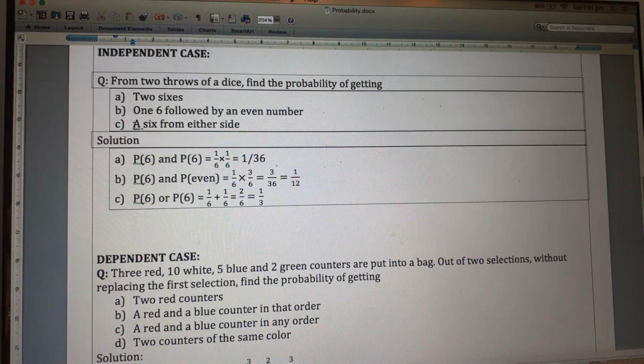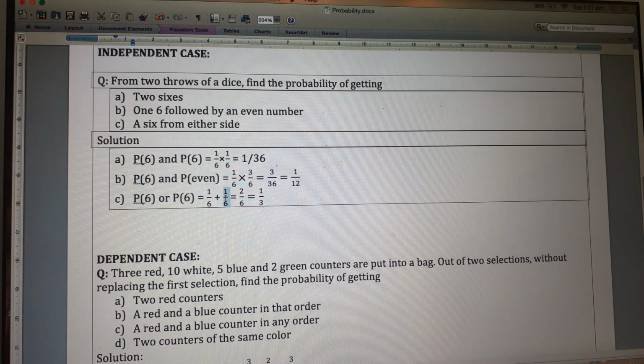And in the third case, a 6 from either side. Now in case of either, you have a choice. Either side mean you have a 6 from first dice, or you have a 6 from second dice. In case of 6 from a first dice, 6 can come one time and total outcomes are 6.